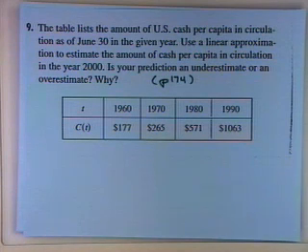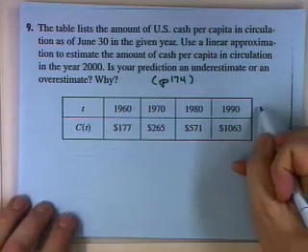It says the table lists the amount of U.S. cash per capita in dollars in circulation as of June 30th in the given year. Use a linear approximation to estimate the amount of cash per capita in circulation in the year 2000. So notice it goes up incrementally from 1960 every 10 years up to 1990.